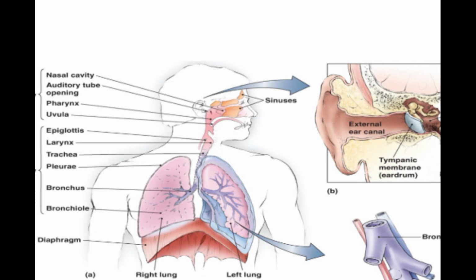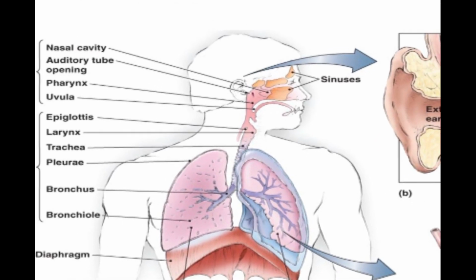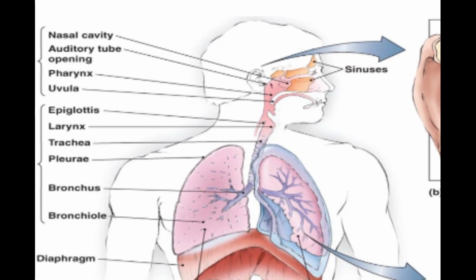From the nasal cavity, we have the pharynx, the epiglottis, the larynx, and the trachea. Before the trachea bifurcates into the bronchi, at the carina, it enters into the lungs.